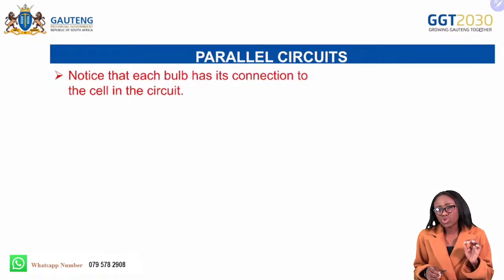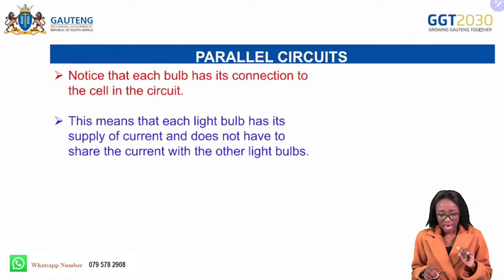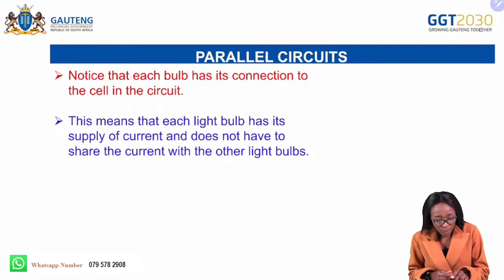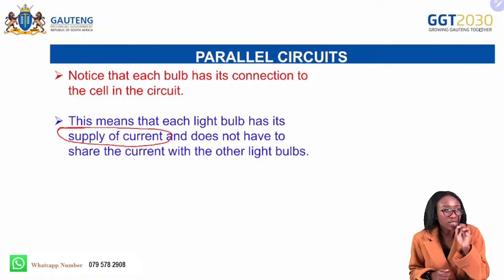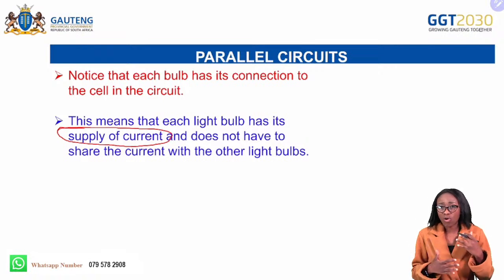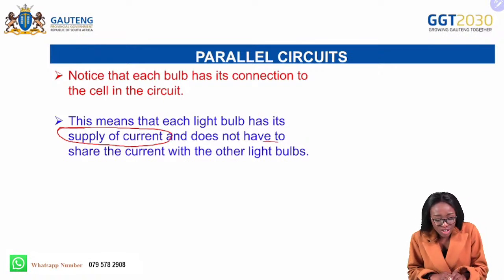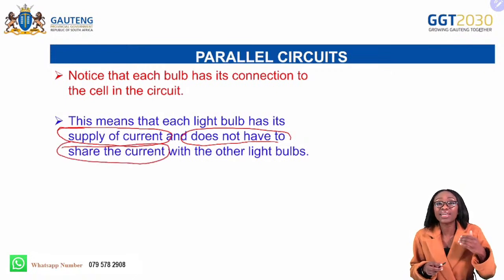Did you notice that each bulb has its own connection? This means that each bulb has its own supply of current. That is one important thing to know. Having its own supply of current means that it does not have to share the current with other light bulbs.